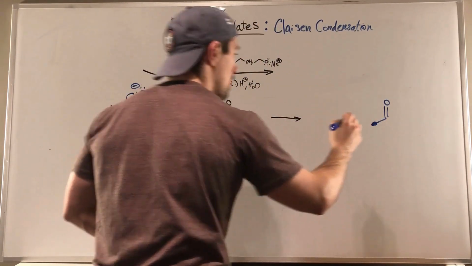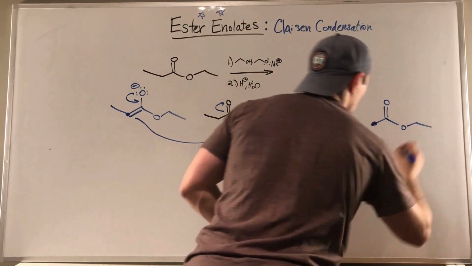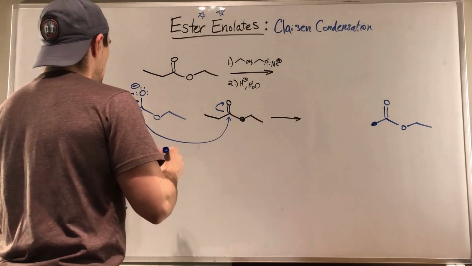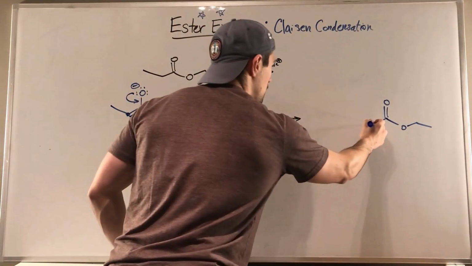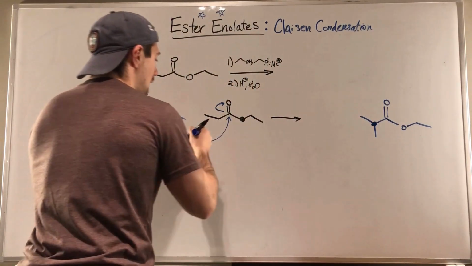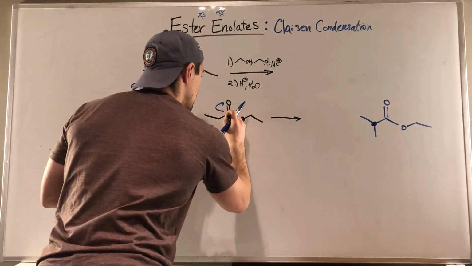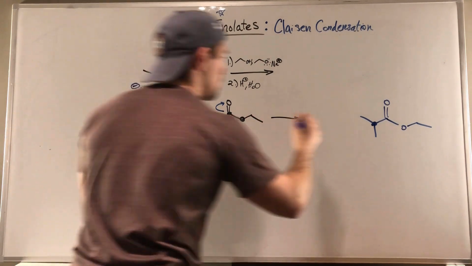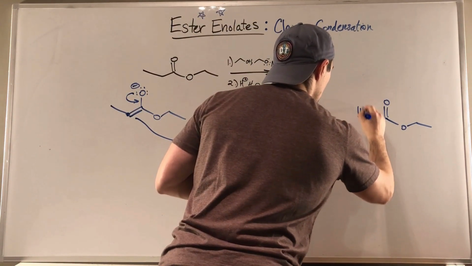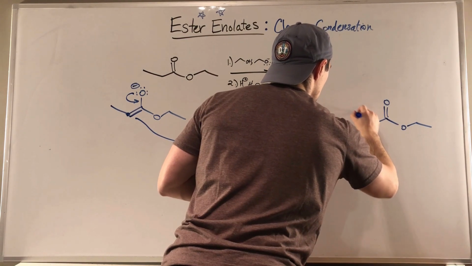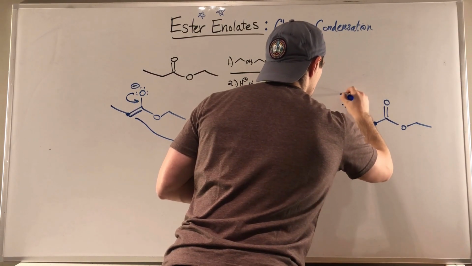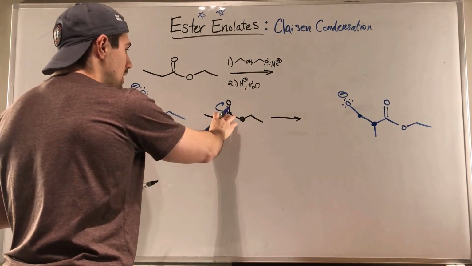I didn't touch this part of my ester over there, and I'm going to draw this methyl group down. Then over here, I make a bond, and that's this carbon right there. No longer is that a carbonyl, that's an O minus. And then I have an ethyl group.